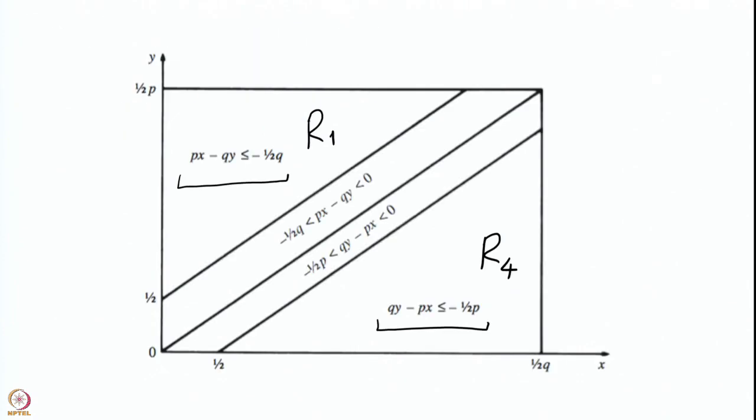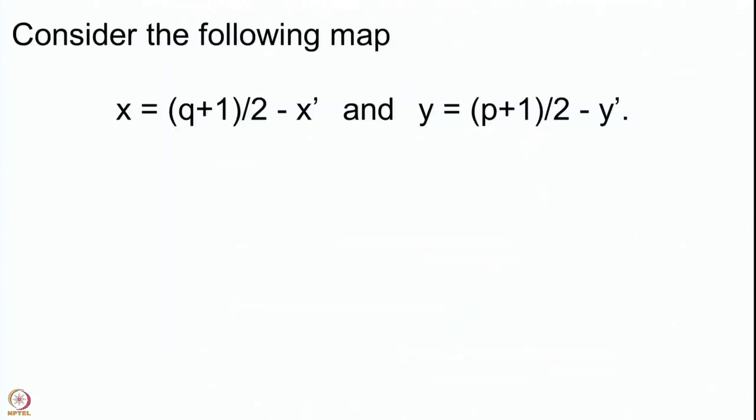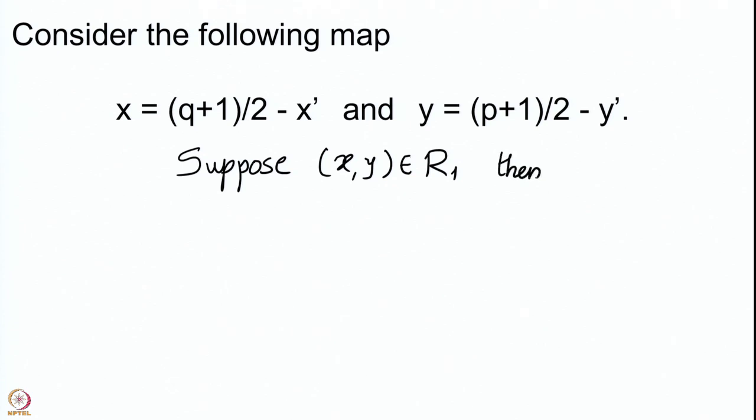What is the equation for R1? Px minus Qy is less than or equal to minus Q/2. Suppose I have a lattice point in the region R1, then Px minus Qy is less than minus Q/2, and I am going to apply this map. So, suppose I start with x prime, y prime first. I apply this map and compute the x and y, and now let me look at the expression Px minus Qy.